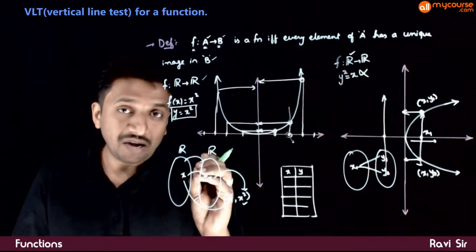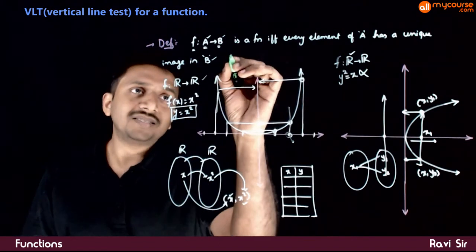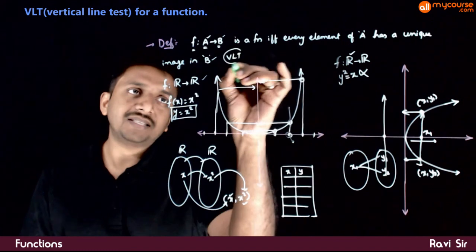So let us try to understand the vertical line test for a function. What does the vertical line test say?